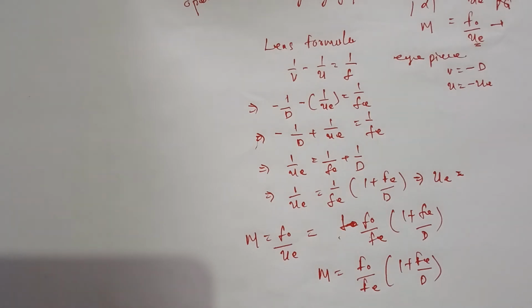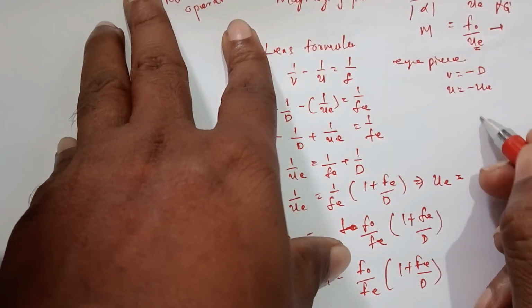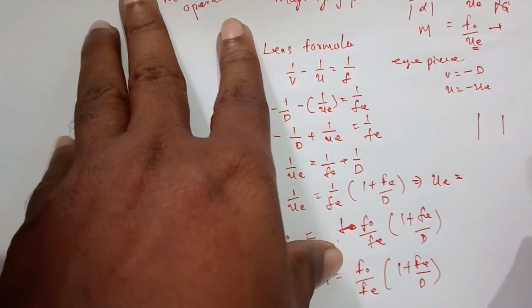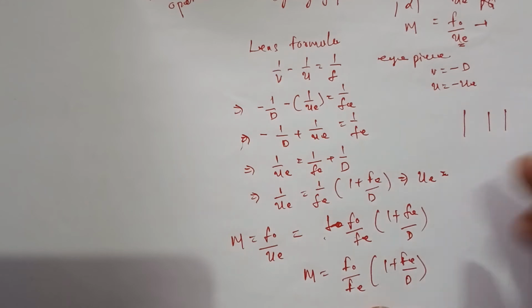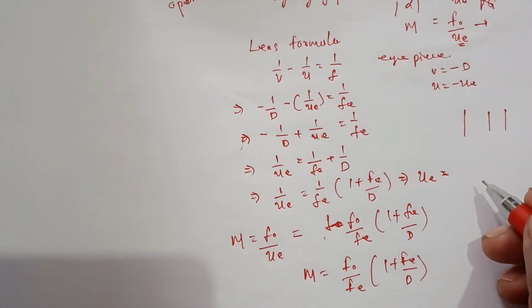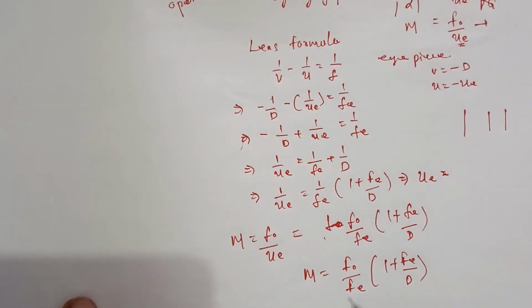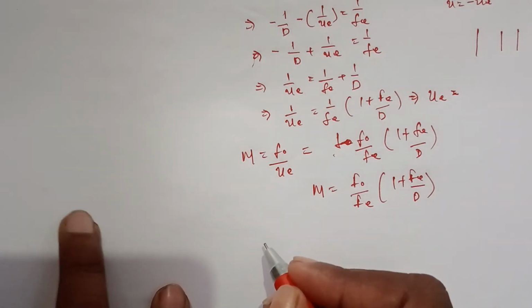The main difference is that we have three lenses here: lens 1, lens 2 and lens 3. So the length is modified. The length of the terrestrial telescope is more as compared to the astronomical telescope.